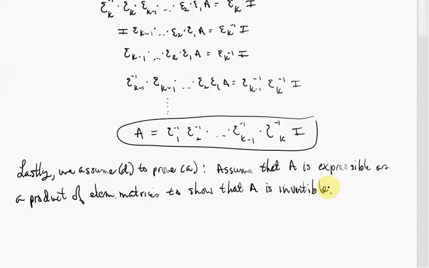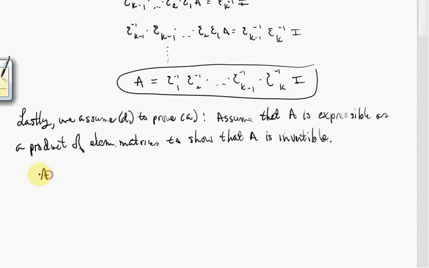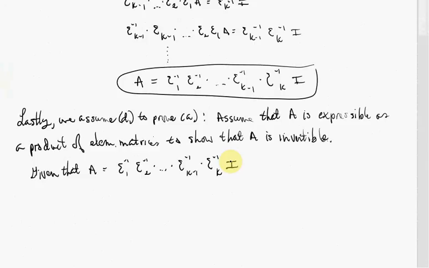Well, if A can be expressed like that, so here, given that A is equal to the inverse of E sub 1 times the inverse of E sub 2 times, and so on, times the inverse of E sub k minus 1 times the inverse of E sub k times I. Here A is equal to the product of these elementary matrices, which implies that these guys have to exist.